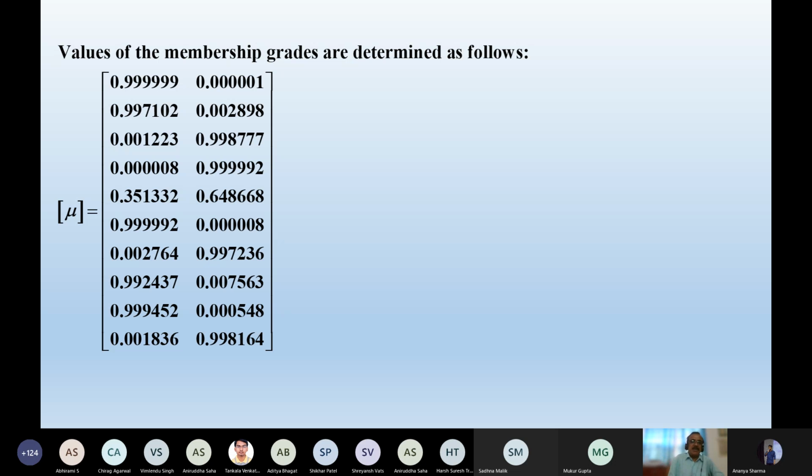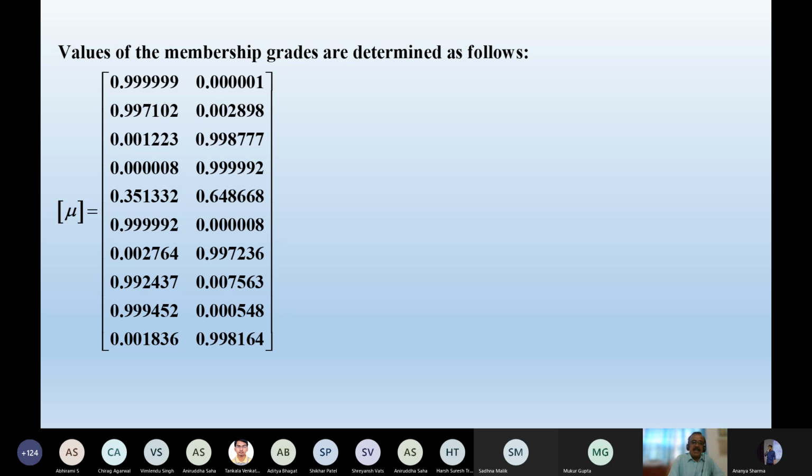Now, supposing that after running this algorithm, we have got this type of modified values of the membership. If you concentrate, what does it mean? The first data point, its membership value with the first cluster center is 0.999999, and its membership function value with the second cluster center is very low.